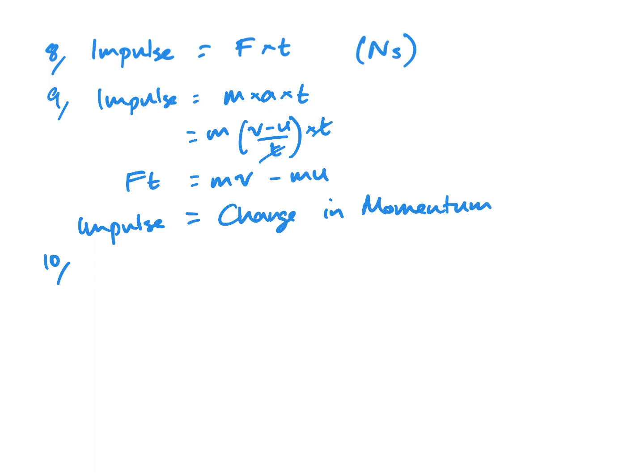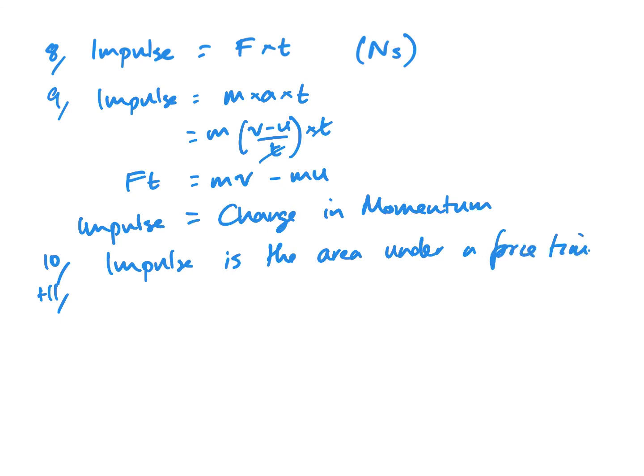And that's really what this next one's about, interpreting force time graphs for colliding objects. Now we kind of need to do 10 and 11 together, because impulse is the area under a force time graph. Up to now we've really just focused on area under a velocity time graph.